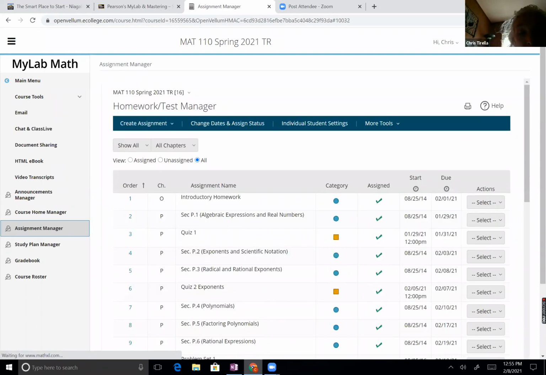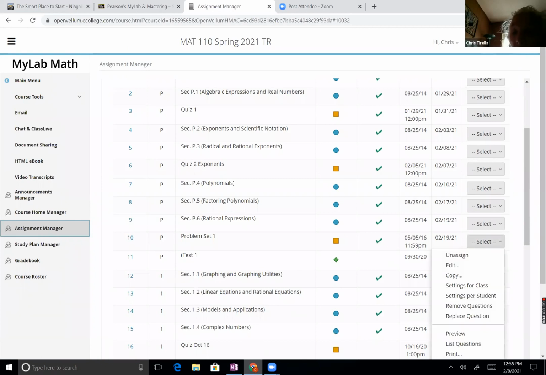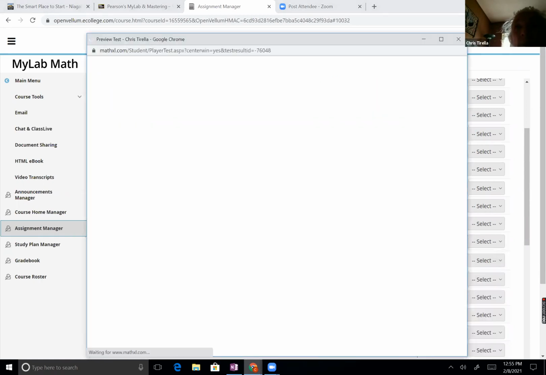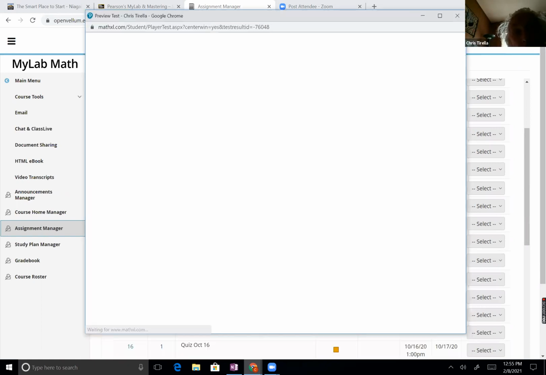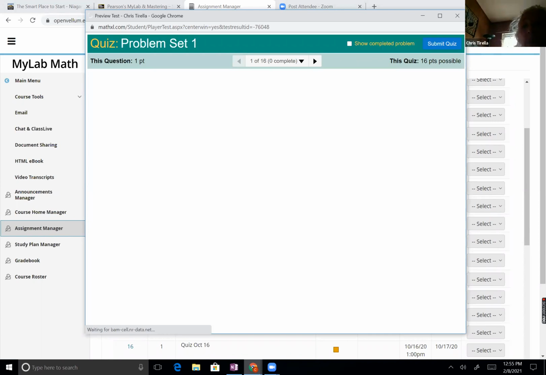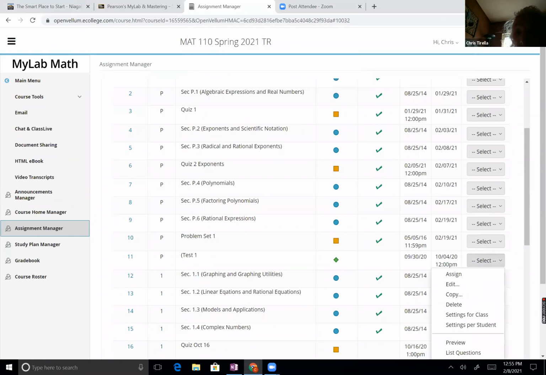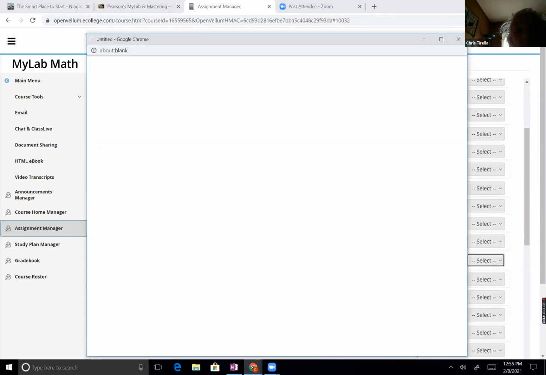Before each test, there is a problem set, which is a practice test. And so you can go through and take this practice test as many times as you want before the test to kind of help you get ready. This problem set has 16 questions on it. So I am guessing that the test itself also has 16 questions on it.